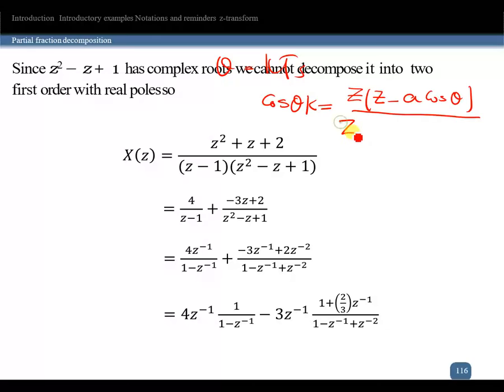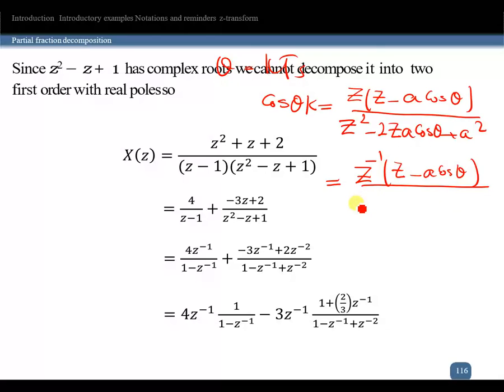The denominator will be z² − 2za cos θ + a², or you can rewrite by the inverse z: (1 − z⁻¹ a cos θ) divided by (1 − 2z⁻¹ a cos θ + a² z⁻²).